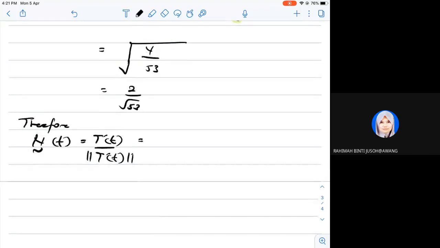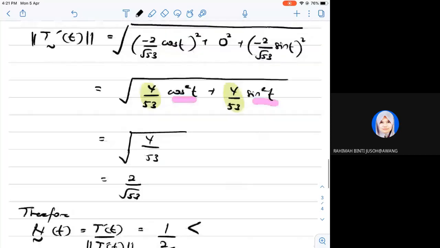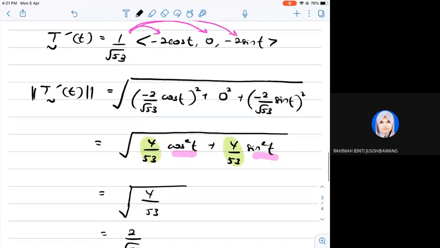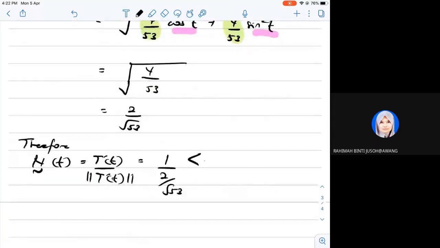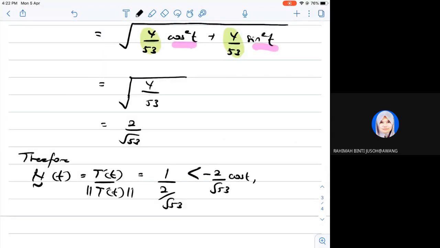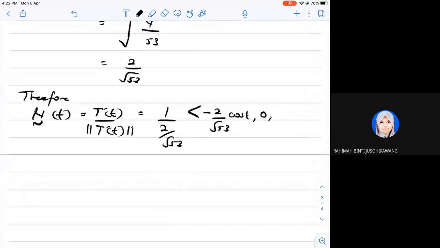So we have 1 over 2 over square root 53, multiplied with what was above earlier. So multiply it all in. So negative 2 over square root 53 cos t and then 0 and then negative 2 over square root 53 sin t, like this.